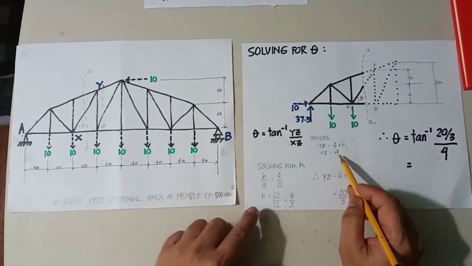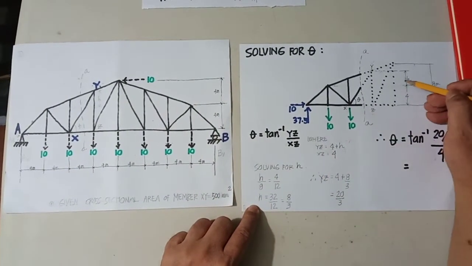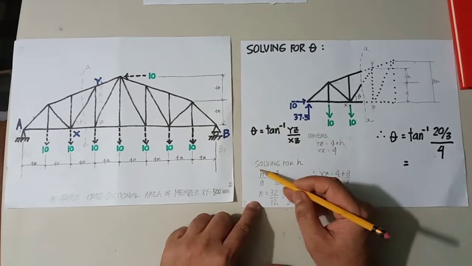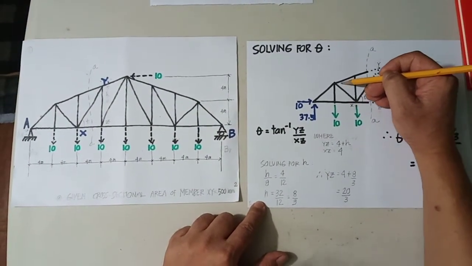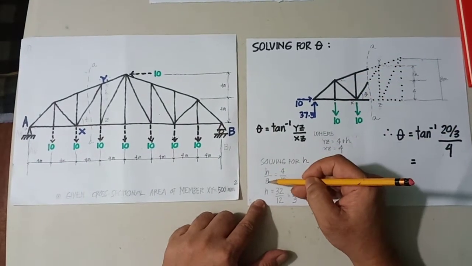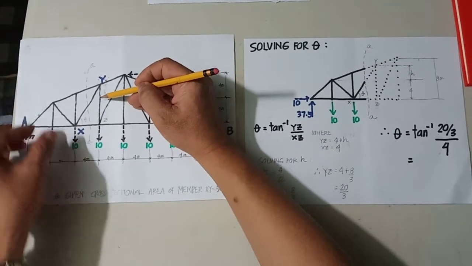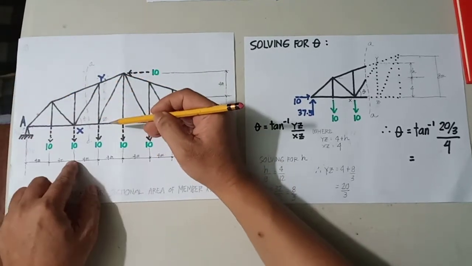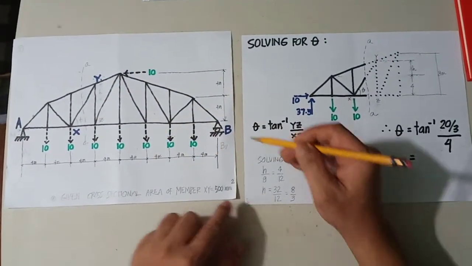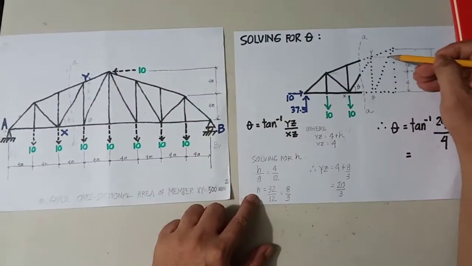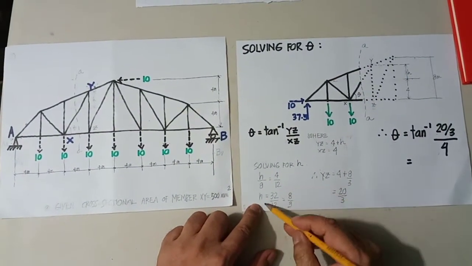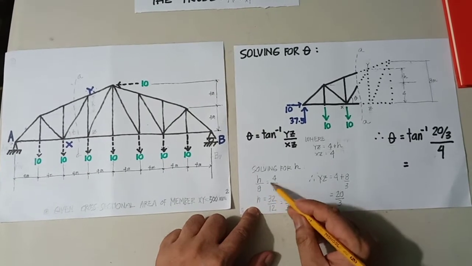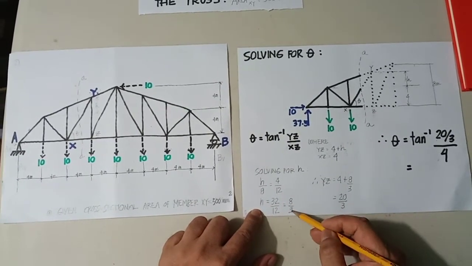So solving for H by ratio and proportion, you have H is to 8, because that's 4 plus 4, as 4 is to 12. Thus, giving a value of H as 32 over 12, or 8/3.